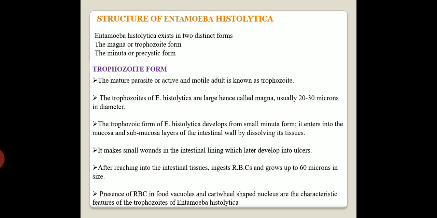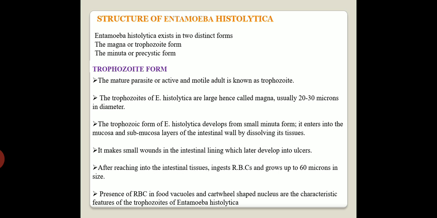Coming to the structure of Entamoeba histolytica, it exists in two distinct forms. The first one is magna or trophozoite form, and the second one is minuta or precystic form. The trophozoite form is the mature parasite, the active and motile adult.